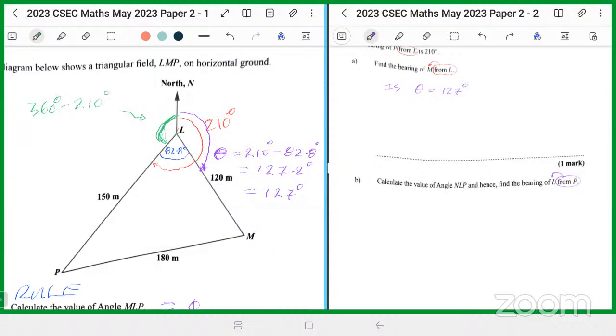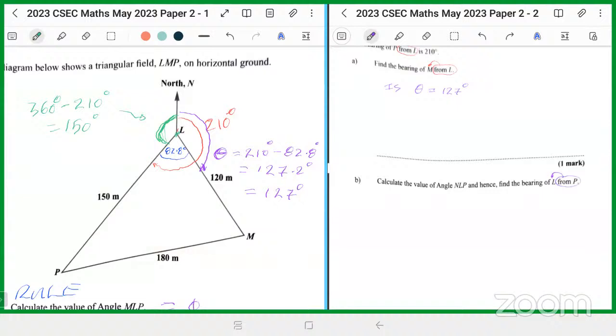But you can appreciate that because the total angle around the point L is 360, and that red angle there is 210. So the remaining piece will be 360 minus 210. But you can agree with that? Yes, sir. That's 150 degrees.